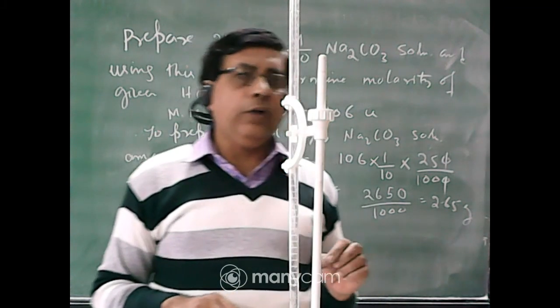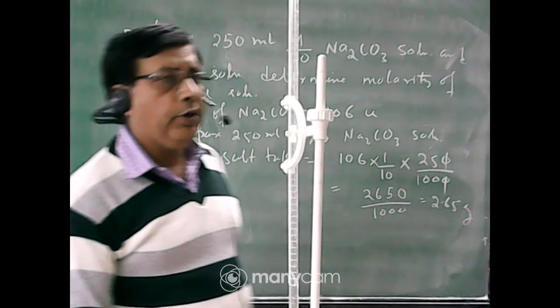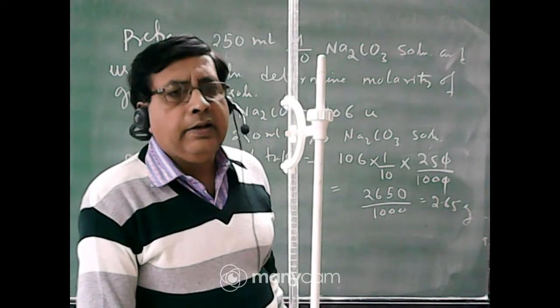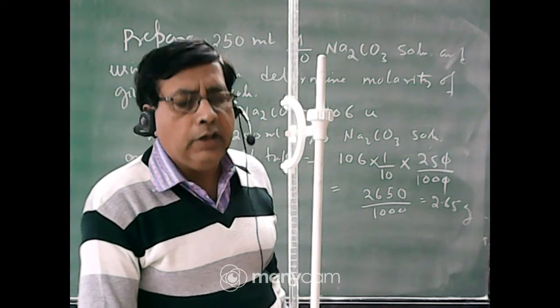So you first weigh 2.65 gram sodium carbonate using a weighing balance that is present in the lab, and then you dissolve it in a 250 milliliter volumetric flask with distilled water.